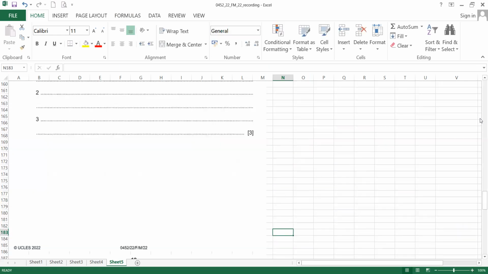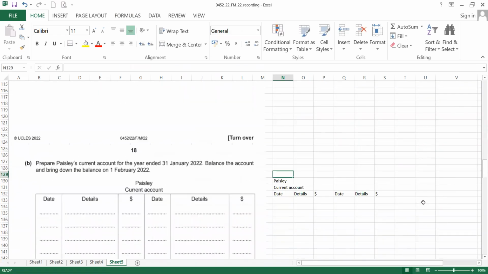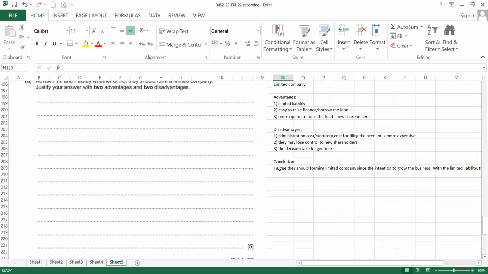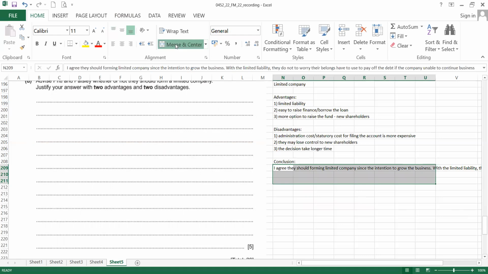So this is the answer that I put in. I would prefer to form the limited company because the benefit is more when the business grows.